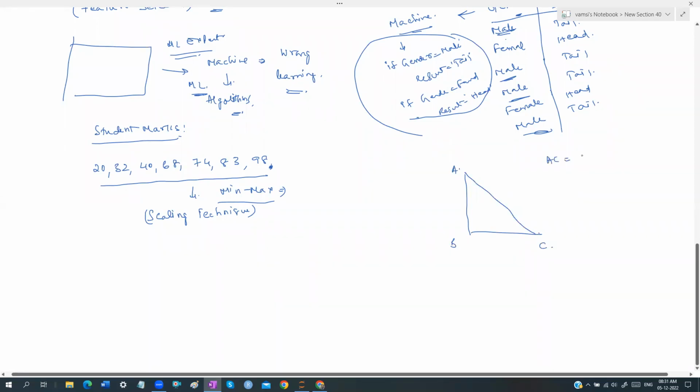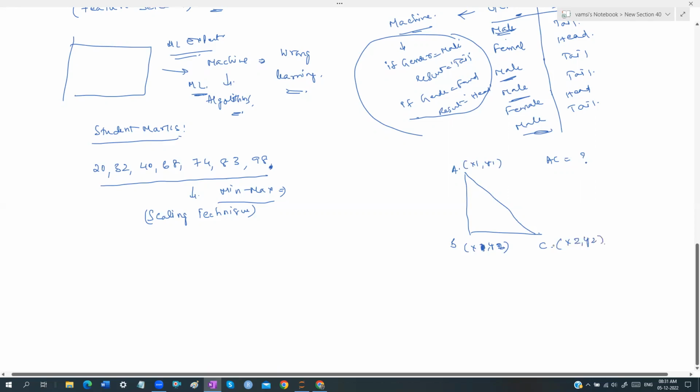If you ask to find it, you know how to find AC. If I say this is X1, Y1, and this is X2, Y2, practically speaking, it is going to be X1 and Y2, right? Because the X1 coordinate will be the same for this triangle, and for C, X changes, but the Y remains the same, guys.